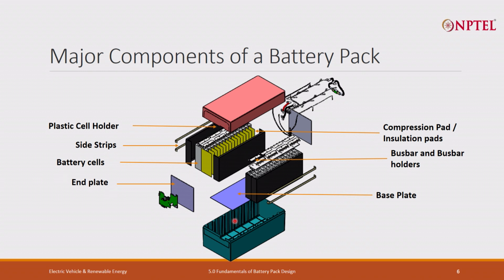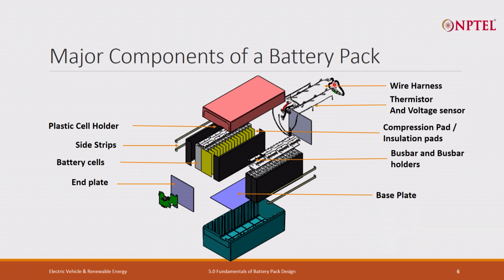Then we have a base plate. This base plate helps in taking care of the weight of the battery pack as well as the road load and vibration conditions. Then we have thermistor and voltage sensor for monitoring, and if anything exceeds the limit, to control.